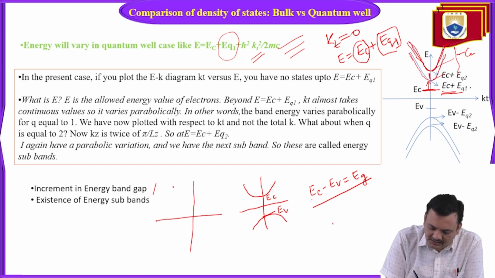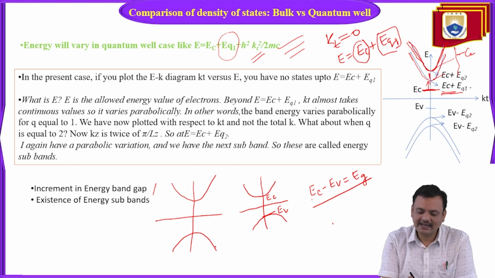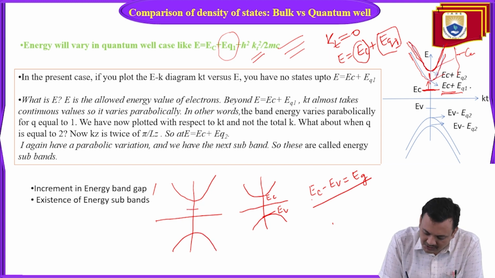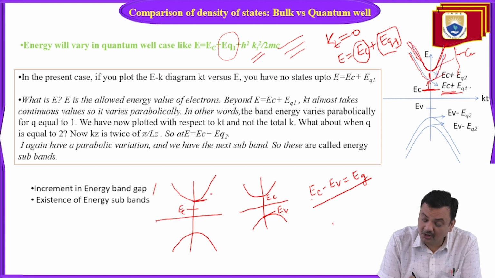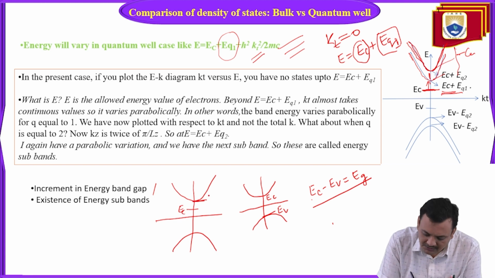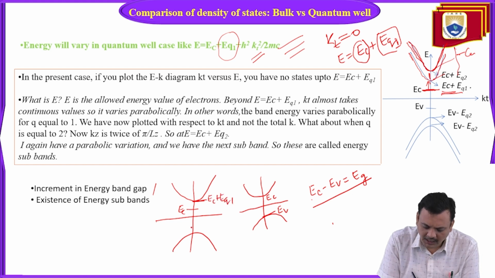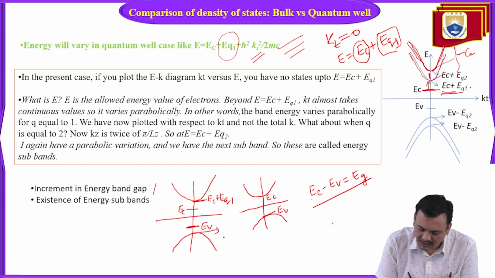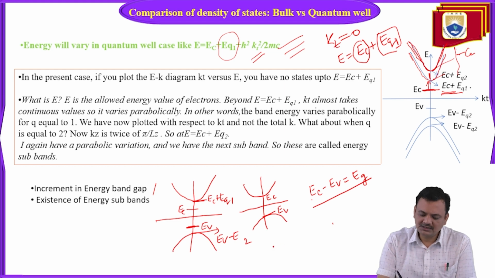You are getting some increments in band edge energy. Suppose this is your value Ec, but the lowest possible value of energy is Ec plus Eq1. And here let's suppose this is the bulk case Ev, but in the quantum well case you are getting Ev minus Eq2. Now Eg is equal to what?